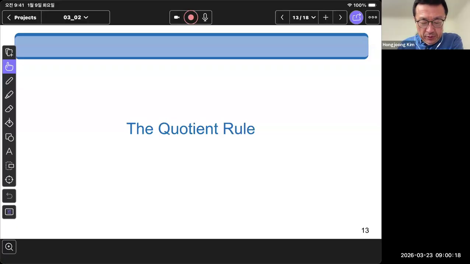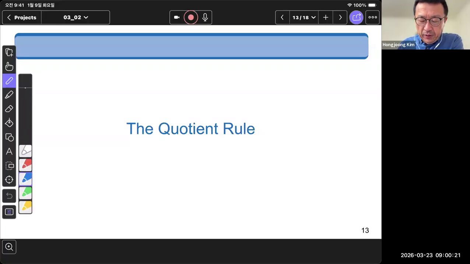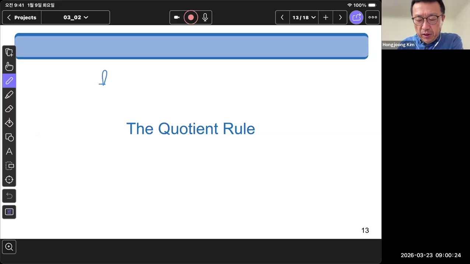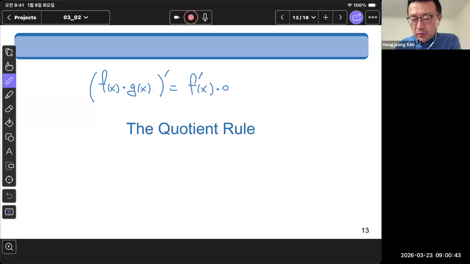And please remember that if we have a product of two functions, say f of x times g of x, then when this function is differentiated, we need to differentiate one by one, meaning you first differentiate the f function, then you multiply g of x without differentiation, and then you add f of x multiplied by the derivative of the next function, which is g prime of x.